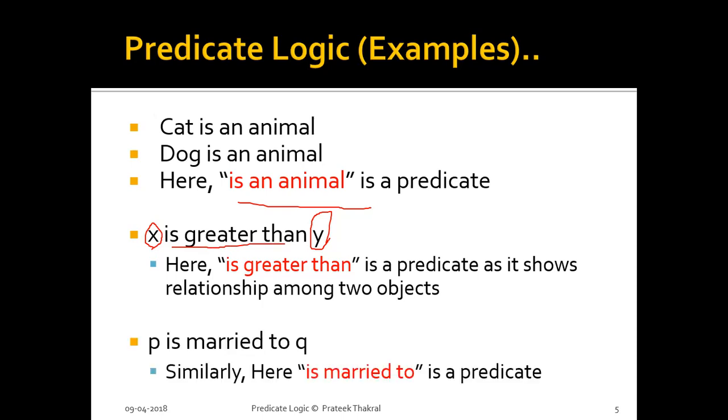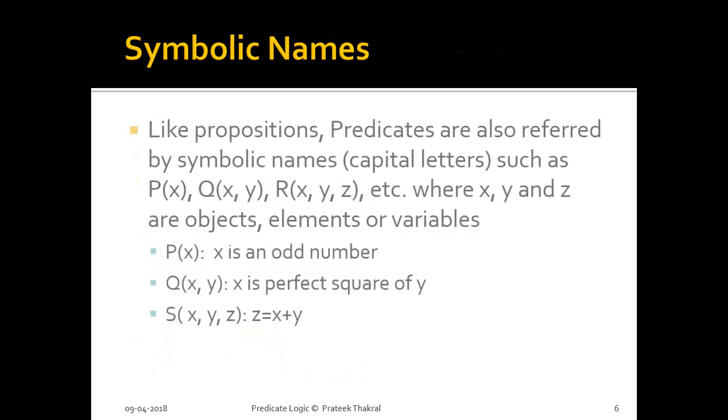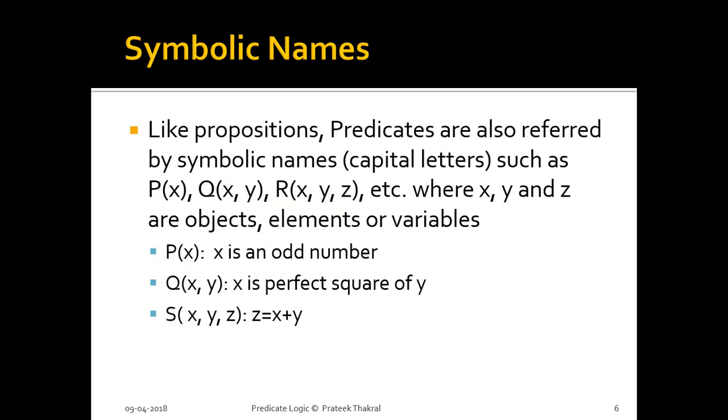Some more examples: P is married to Q. "Is married to" is again the relationship between the two objects P and Q, which is why it is a predicate. Just like propositions, predicates can also be represented by symbolic names. Propositions are generally represented by lowercase letters, but predicates are generally referred to by uppercase letters, the capital letters P, Q, R and so on.